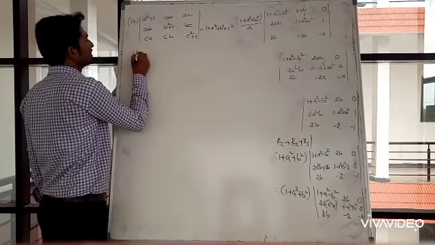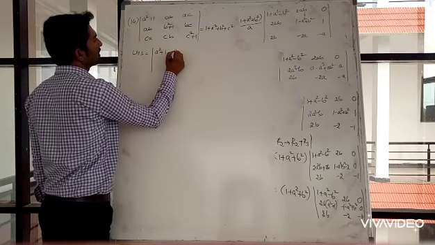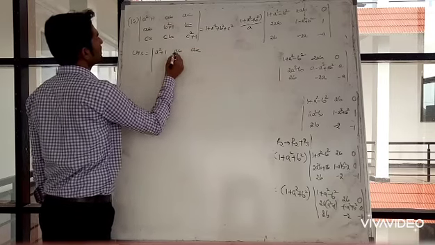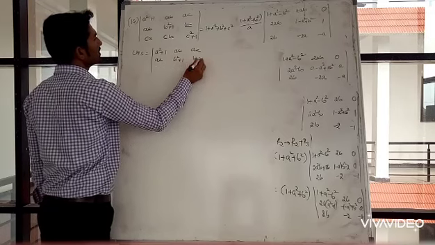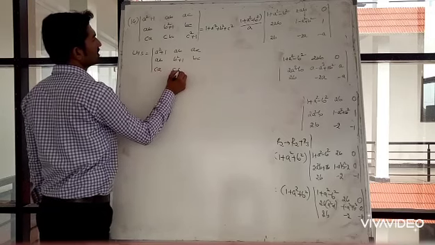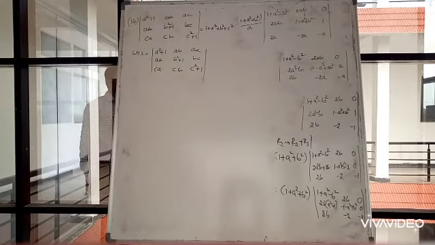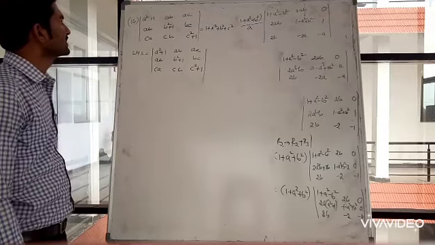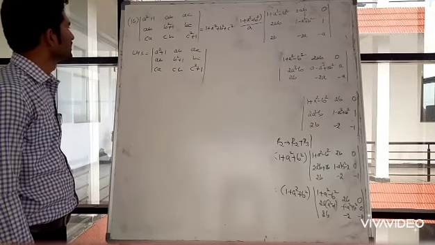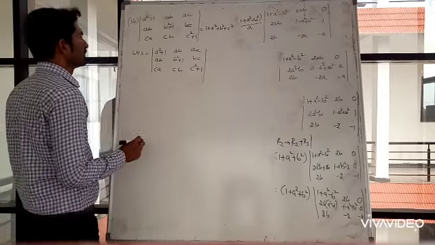Again consider LHS. a square plus 1, ab, ac; ab, b square plus 1, bc; ca, cb, c square plus 1. See here, in the right hand side we require 1 plus a square plus b square plus c square. To make them a square plus b square plus c square, what will we do here?